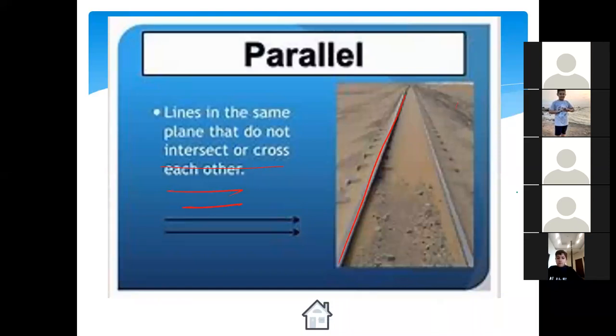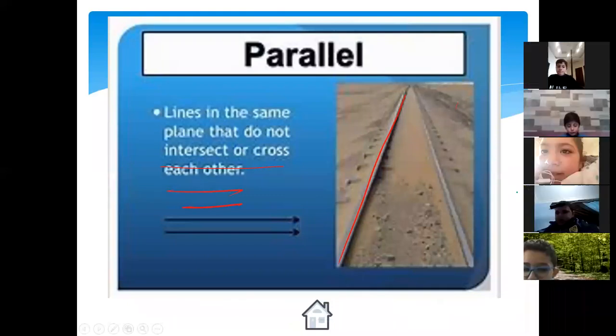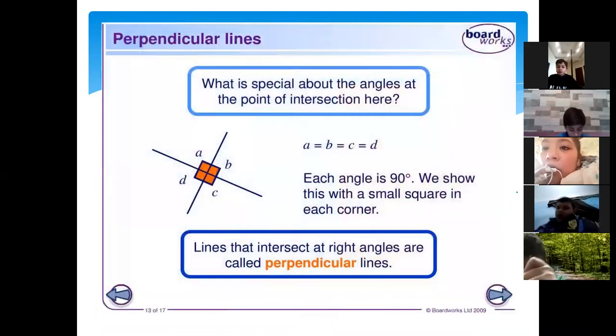Yes, Peter. I see parallel lines on our wall and floor. Okay. Then Peter, what do we call these lines here?